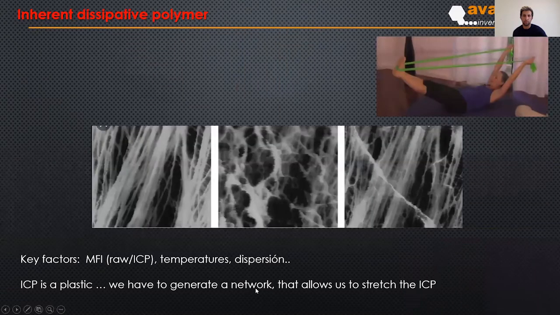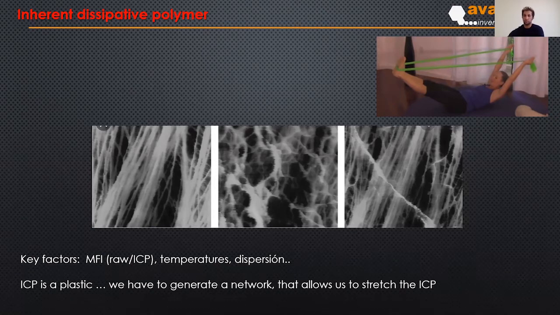We are going to show something. If we try to generate the network with this dissipative polymer, the difference between this and an electronic conductor, for example carbon black, that we are going to talk about in a few moments, is that this kind of polymer can be straight or can be dispersed in the system.